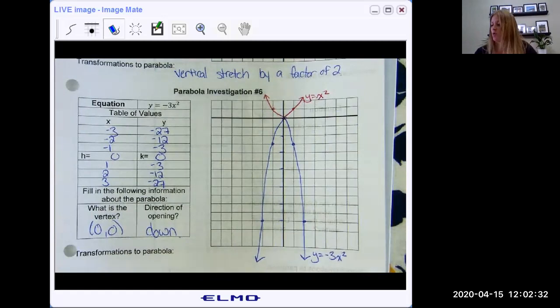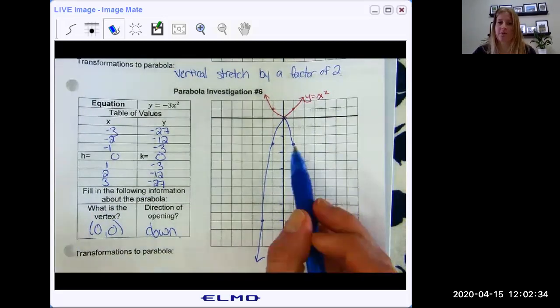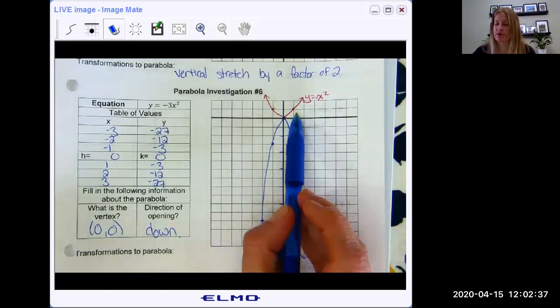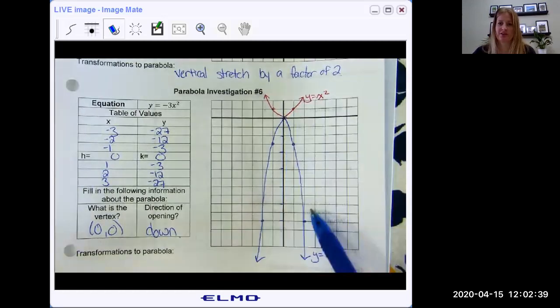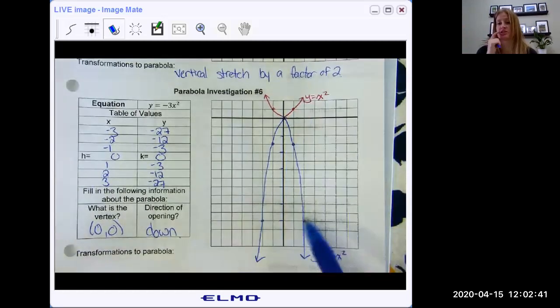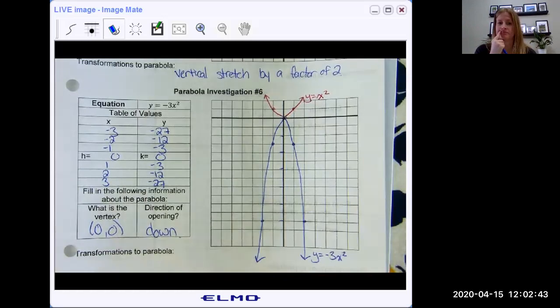Okay, so what has happened? What changes happened to our parent parabola to turn into this one? There's actually two transformations this time. You can give me one of them.